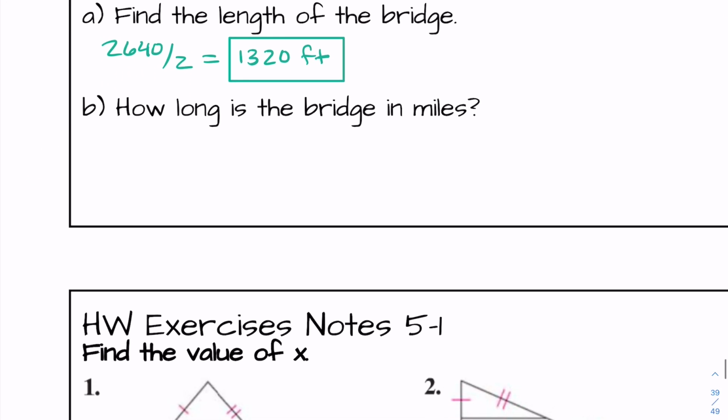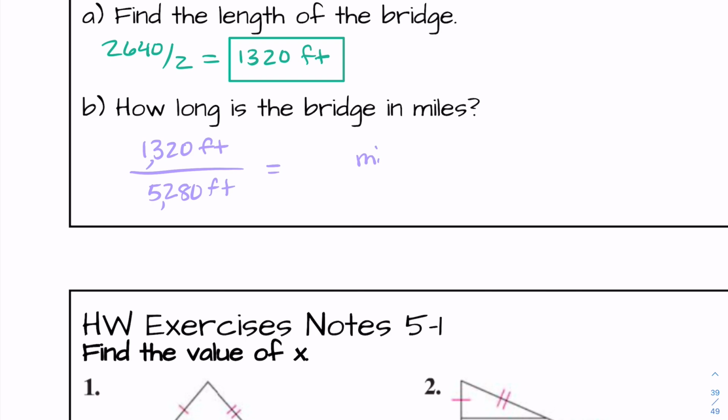And for miles, you're going to have to take your 1,320 feet and divide it by 5,280 feet to get how many miles there are. So there is 1 mile in 5,280 feet.